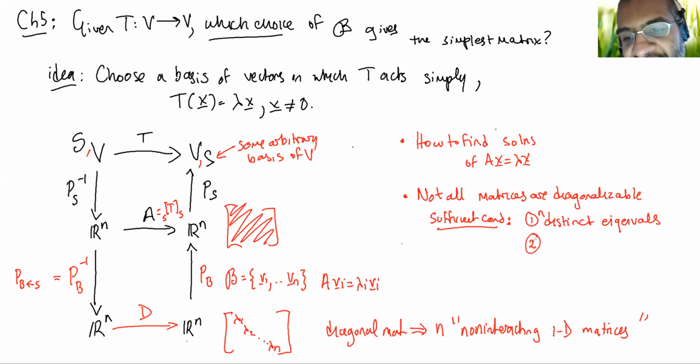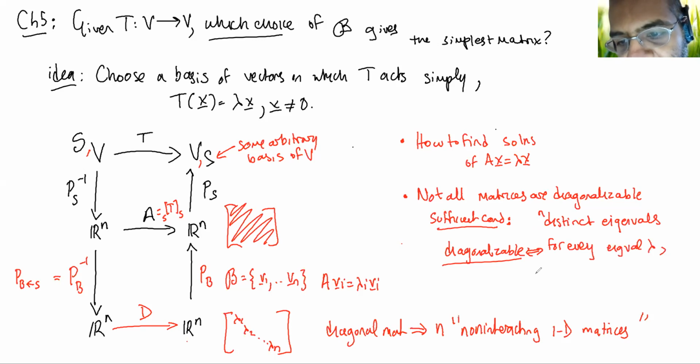Okay, that's a sufficient condition. A necessary and sufficient condition is that for every, I'll just write it like this. So a matrix is diagonalizable if and only if for every eigenvalue lambda, the geometric multiplicity is equal to the algebraic multiplicity.